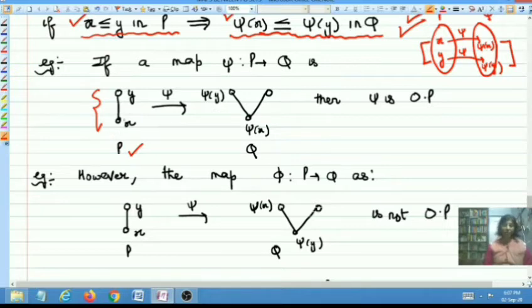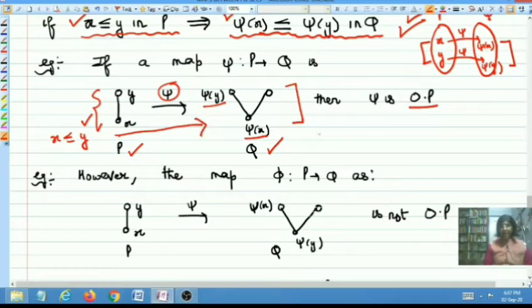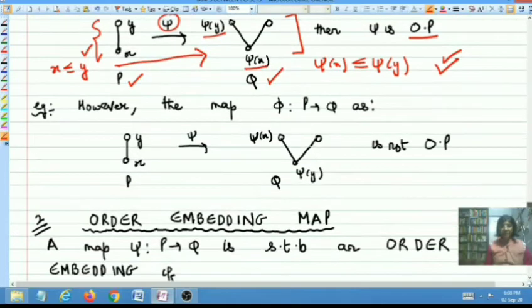The lower element I am referring to as X and the upper element as Y. Let's say under the map psi, P maps to the poset Q, whose Hasse diagram is this, and X is mapped to psi X, which is here, and Y is mapped to psi Y. This psi is very much an order preserving map, because from the diagram of P you can see that X is related to Y, and this implies that their corresponding images psi X and psi Y are also related in the same way. Because the condition is satisfied, this is an order preserving map. So this was an example of an order preserving map.